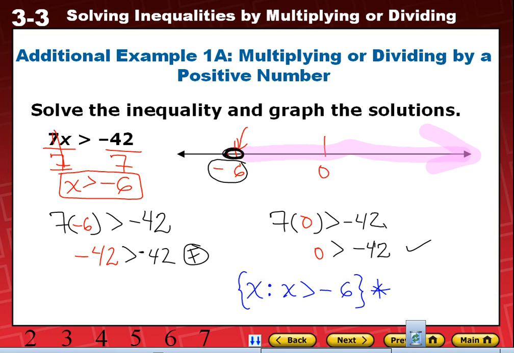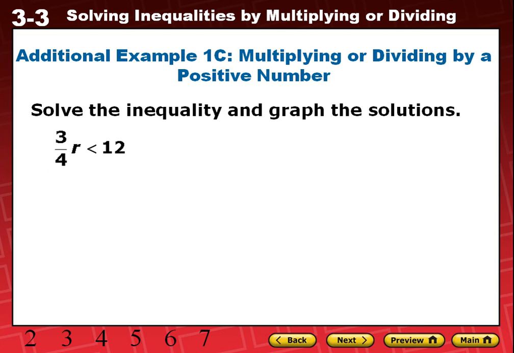Copy this next example. All right, example 2. Let me rewrite this right here. Example 2. It says, solve the inequality and graph the solutions. We have 3/4 r is less than 12.